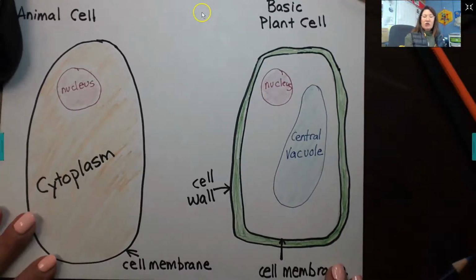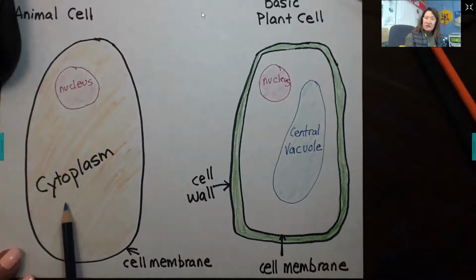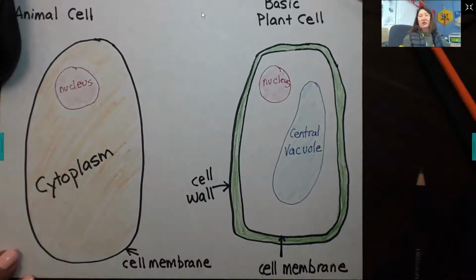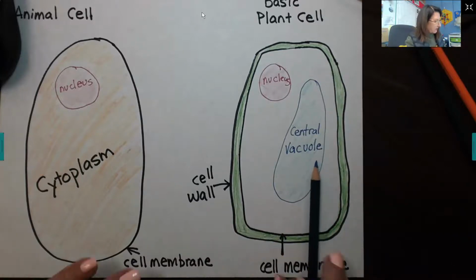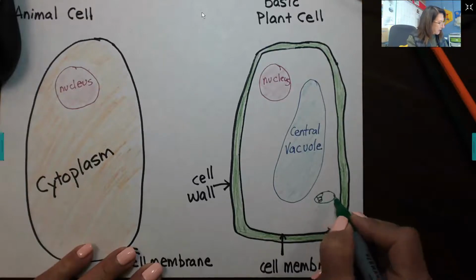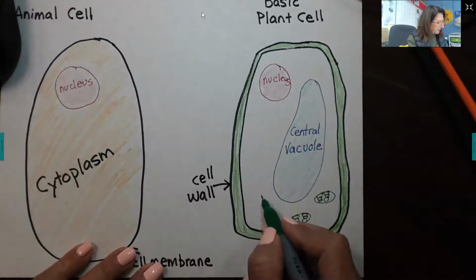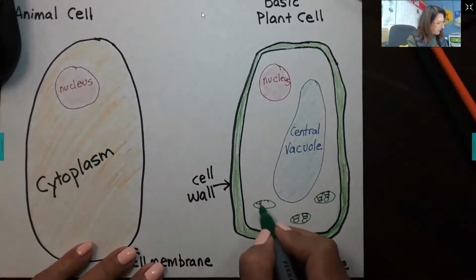Okay, so the next thing that the plant cell has that the animal cell does not have is chloroplast. And this is a place of photosynthesis. So these are all over the plant cells, and they look like ovals with stacks of pancakes inside of them. And this is really what makes your plant look green.